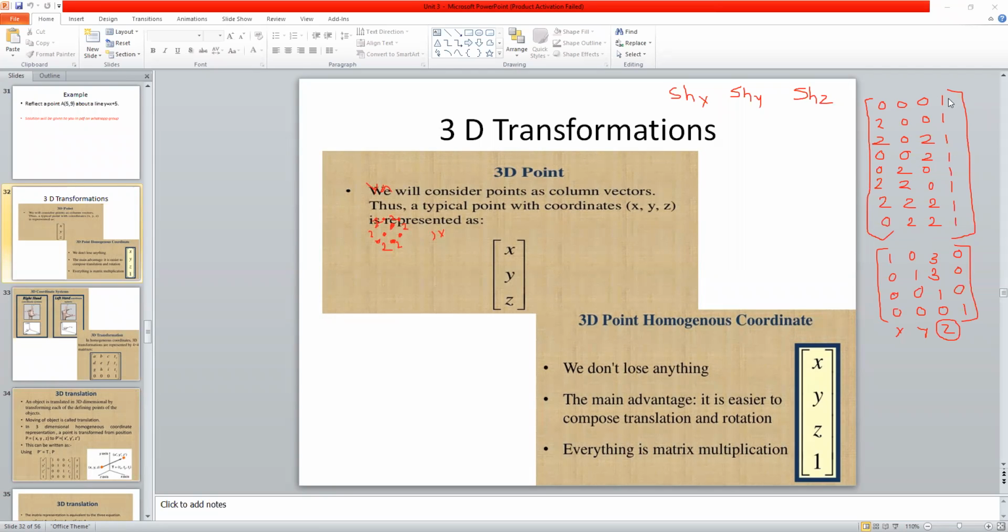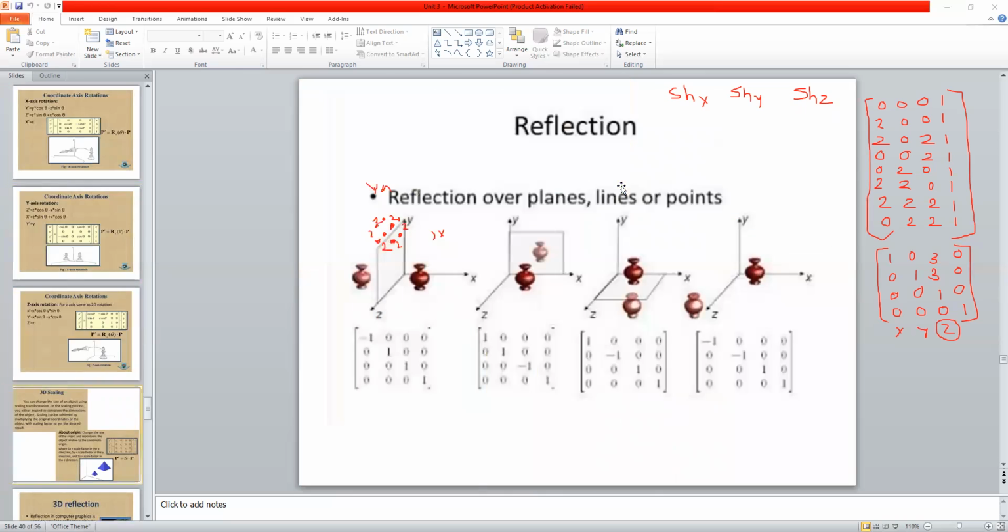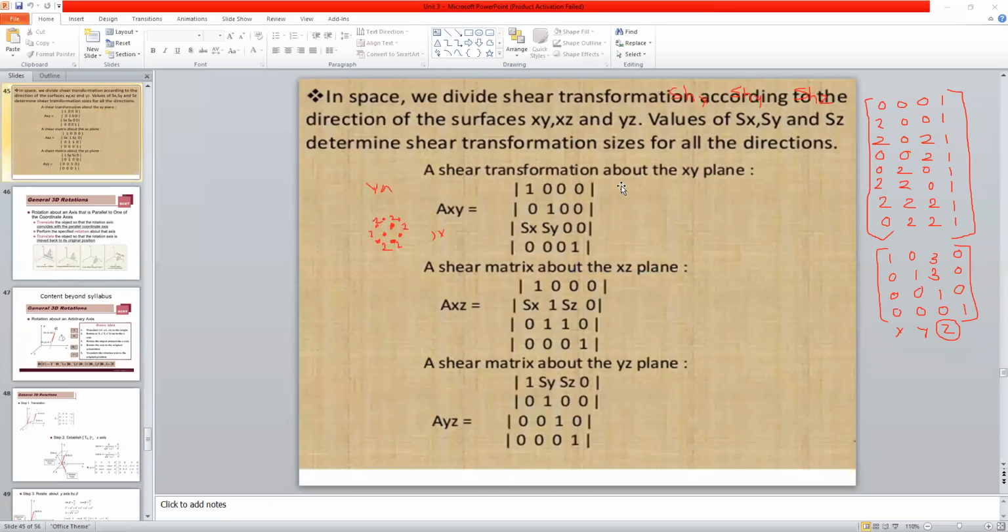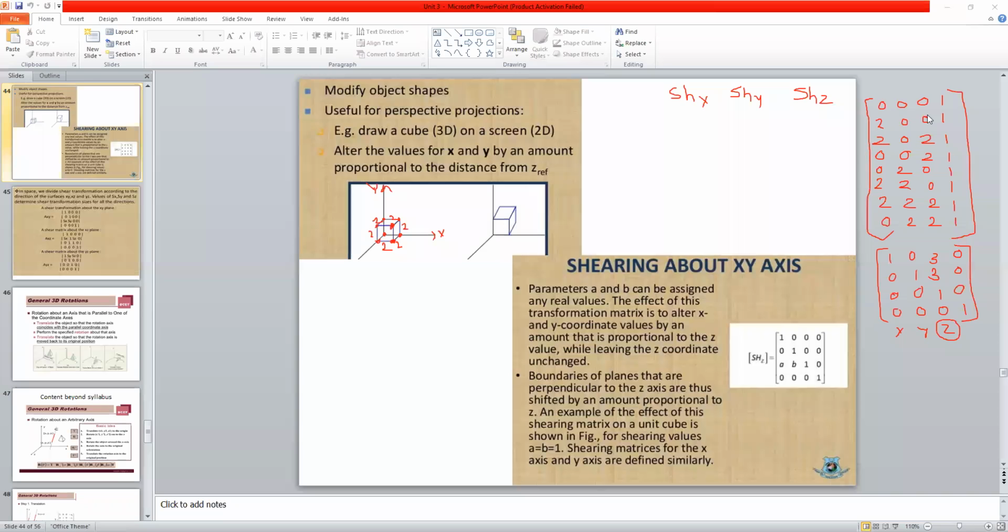Perform the multiplication. This first row and first column. So first row, first column. I will, oh, sorry, I will go to that shearing. Okay, so shearing along z-axis I am carrying out. So perform this multiplication of first row, first column.